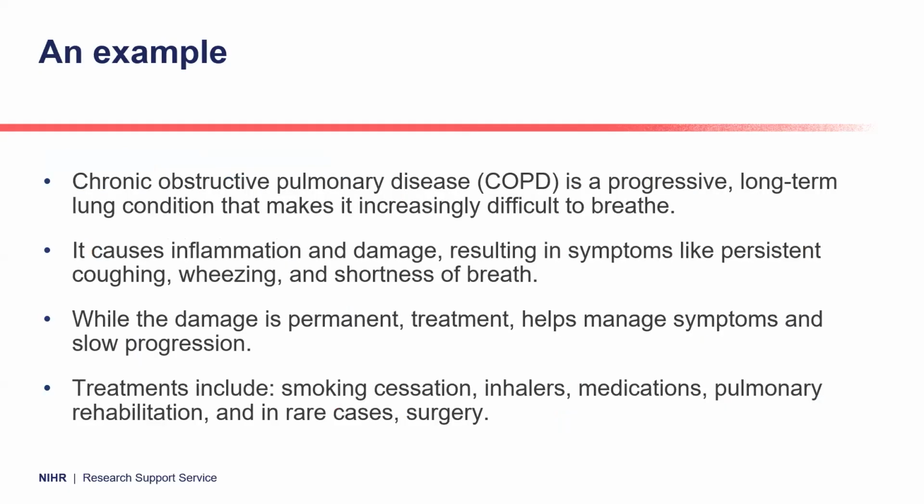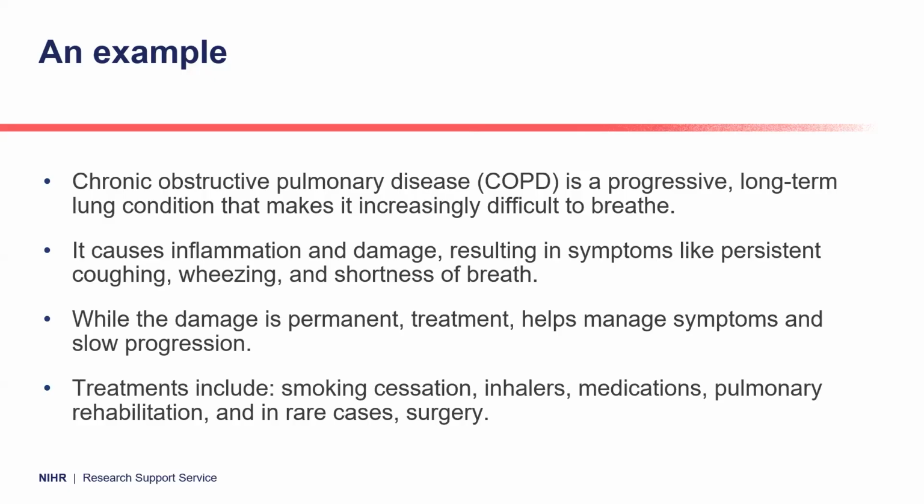So we're going to spend most of this time talking through an example. We are going to use an example in COPD. That is a progressive long-term lung condition, which makes it increasingly difficult for people to breathe. If someone's got COPD, it causes inflammation and damage to the lung, and the resulting symptoms are things like a persistent cough or wheezing or shortness of breath, and that generally progresses.